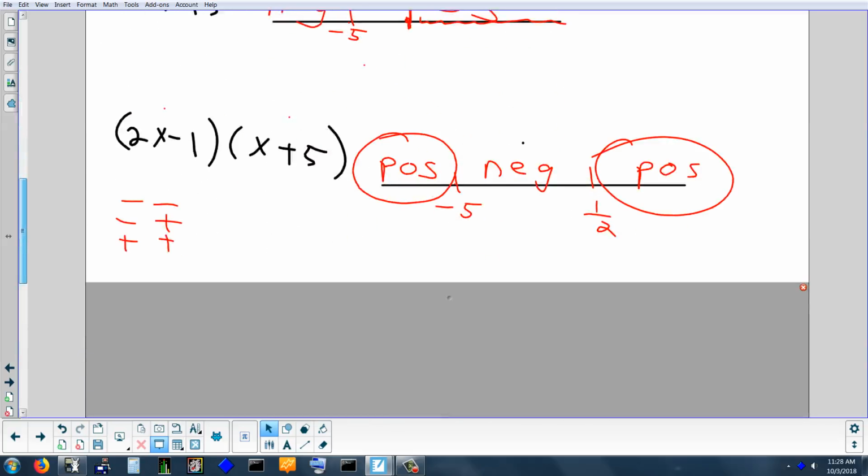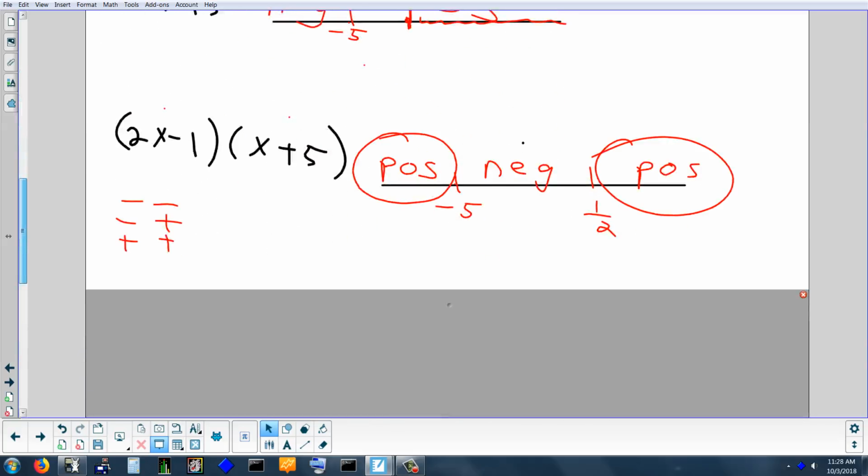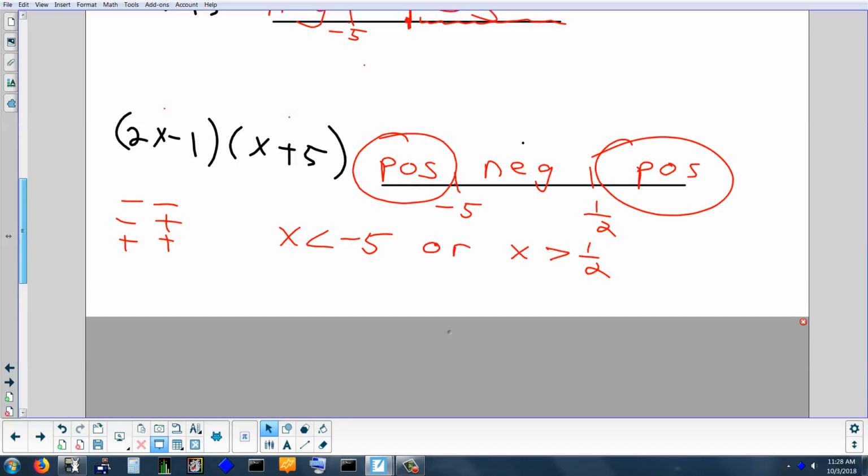So just write down what those sections are. X could be less than negative 5. So any number less than negative 5. Or x is greater than a half. Either way, both sections work.